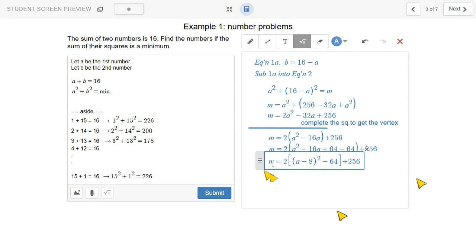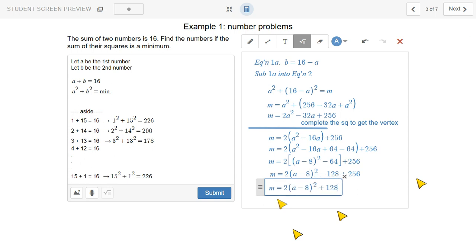I'm going to expand now, take the 2, multiply it with this term here, and the minus 64. So m is equal to 2 times (a minus 8) squared minus 128 plus 256. Collect our like terms. M is equal to 2 times (a minus 8) squared plus 128.